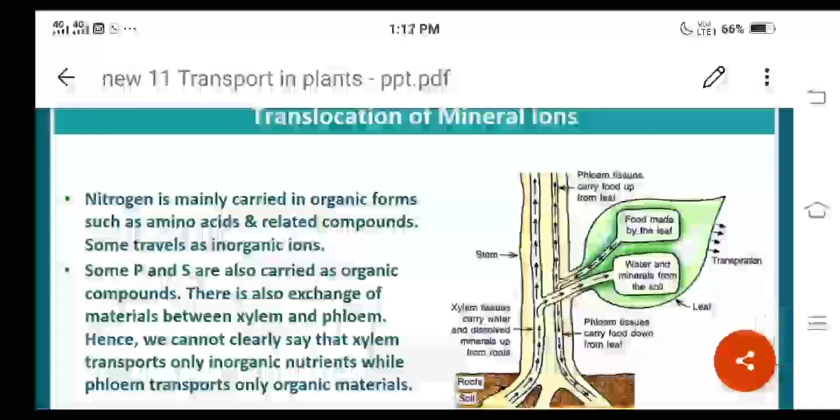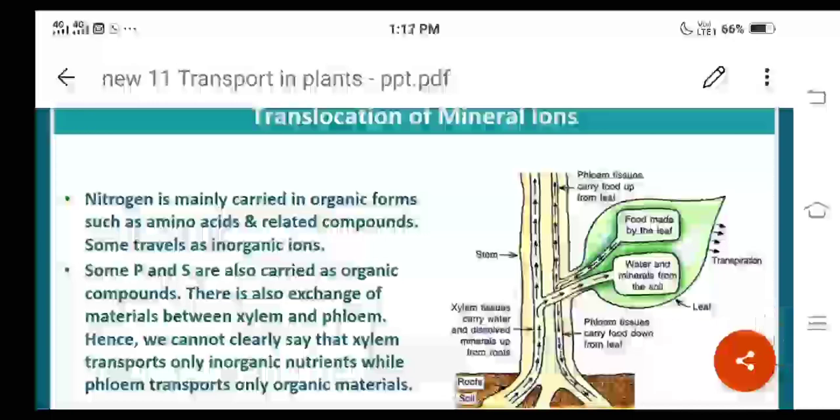In the form of amino acids and related compounds. And some nitrogen will travel as inorganic ions also, right? And remember, some phosphorus as well as sulfur are also carried as organic compounds.